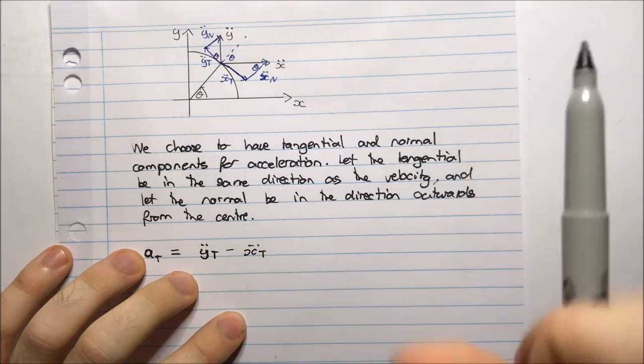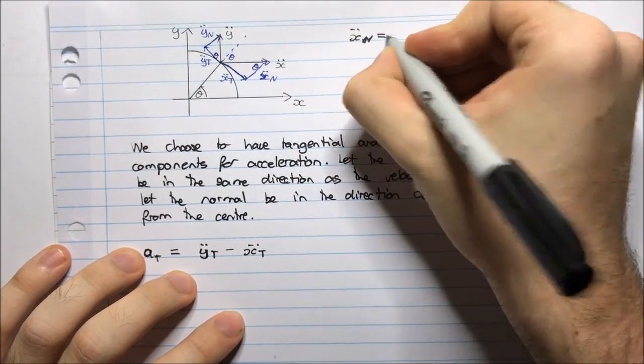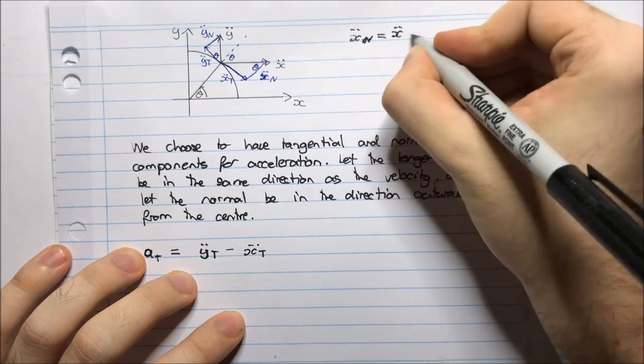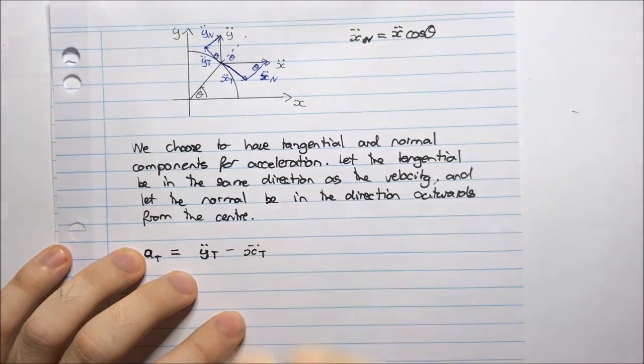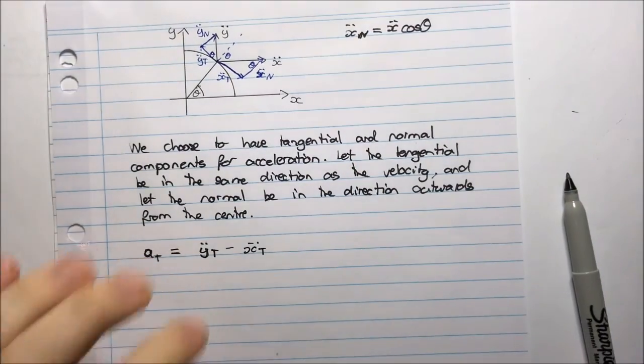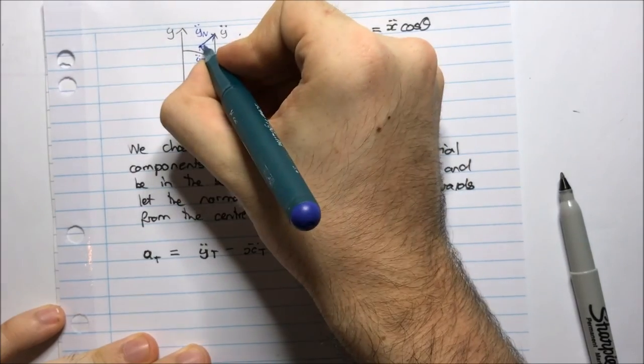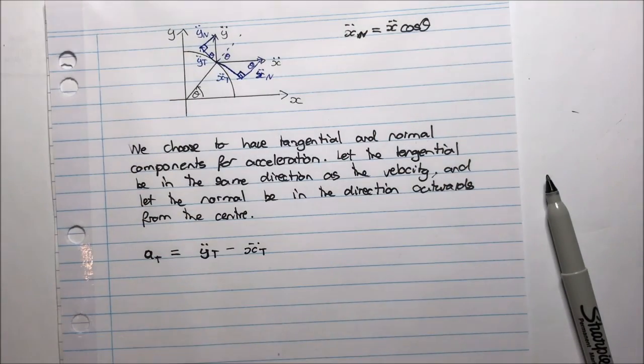So I will get the following. I will get that x double dot in the normal direction is equal to x double dot cos theta. This is just basic trig now, using our triangles, and noting that these are right-angled triangles. So let me just indicate that as well. This is right-angled, and that's right-angled there.